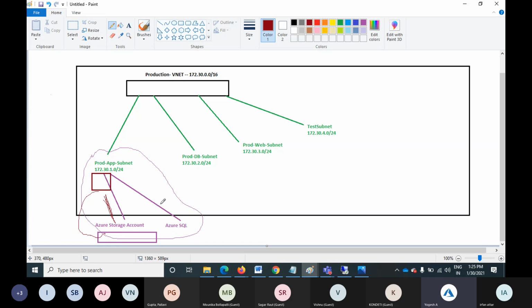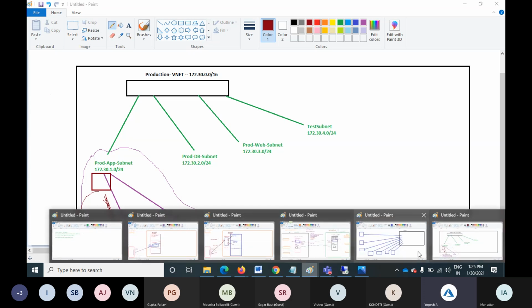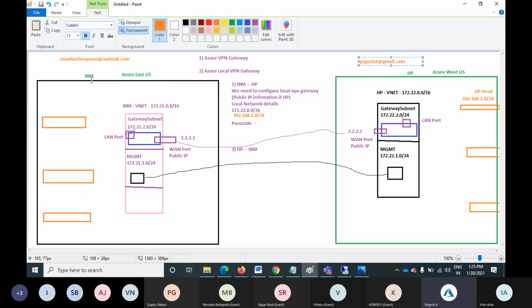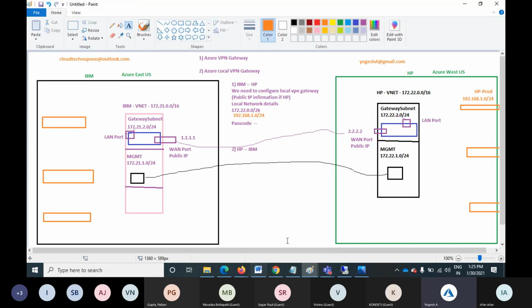Okay, so I wanted to add one more point in our diagram. Like we have two infrastructures, right? IBM and HP. Now what we will do, I have a physical data center as well. So this is my physical data center, and under the physical data center, I'm using a physical firewall, FortiGate firewall.